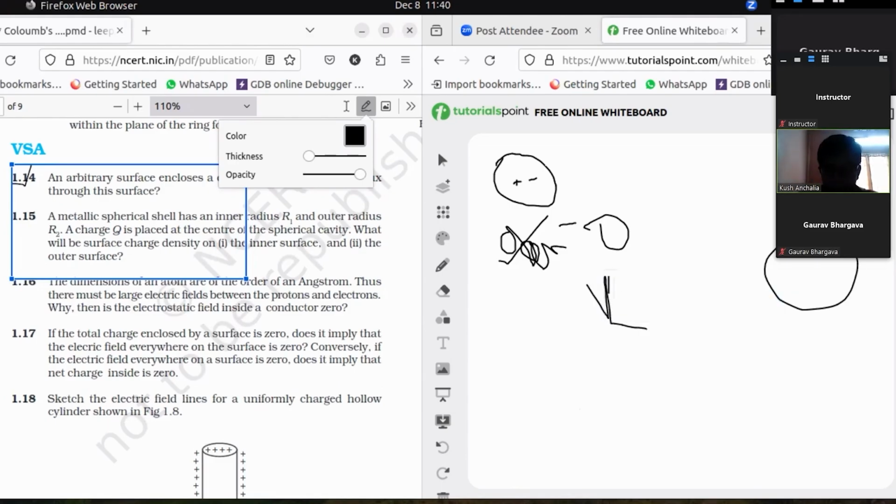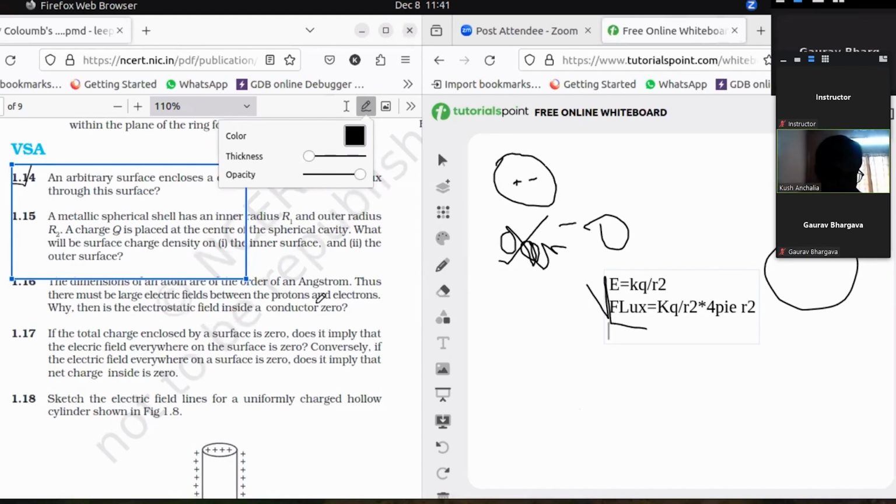With the inner radius, it will be kq divided by r square, all divided by area, so 4 pi r square again. This is the charge density on the inner and outer surface. What will be Q enclosed divided by epsilon?